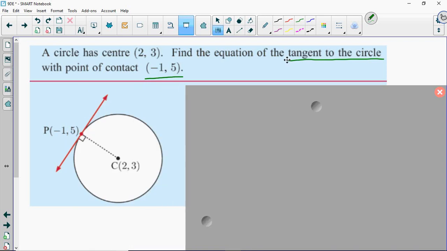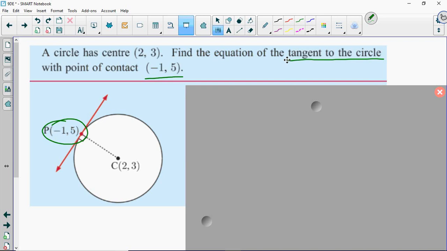We want the equation of the red line in that picture. How are we going to do that? Well, we know a point on the line right away, (-1, 5). We need either another point on the line, which, sorry, we're not going to be able to work that out, or we need the slope of that line.